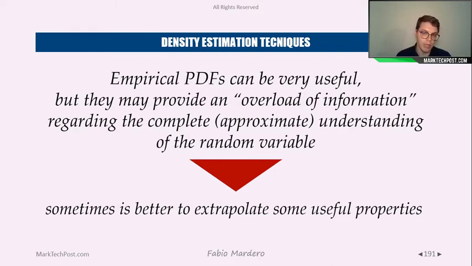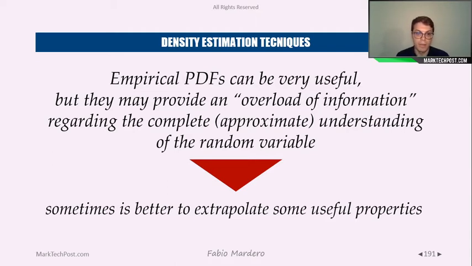There's too much information there. For example, that's why we invented the violin plot if we have the KDE, the kernel density estimation, because in the violin plot we add some numbers on it.